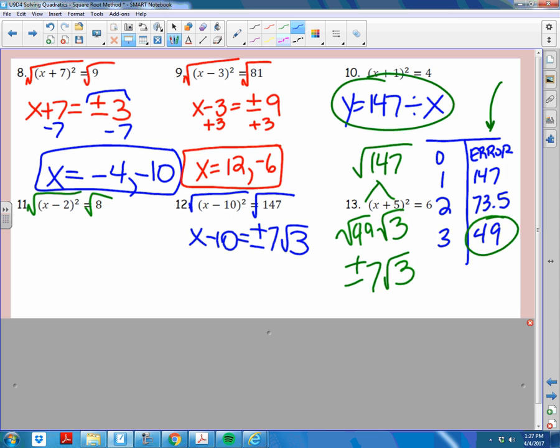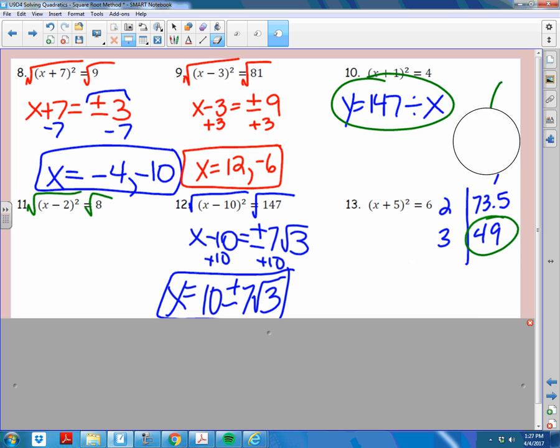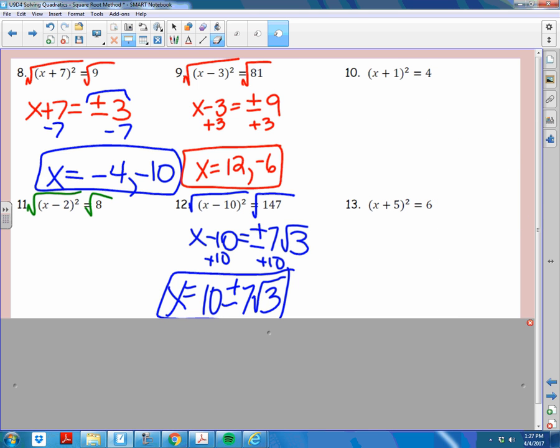So we're going to add 10 to both sides to get the x by itself. And we end up with x equals 10 plus or minus 7 times the square root of 3. And you can write it just like that. I want to pause and make sure everyone gets where I got all this stuff from. Any questions on that?